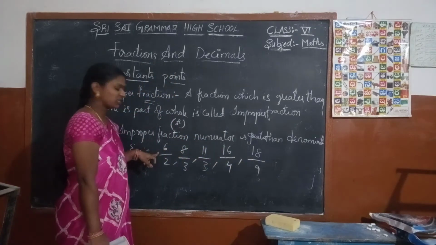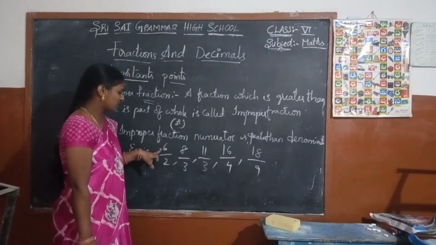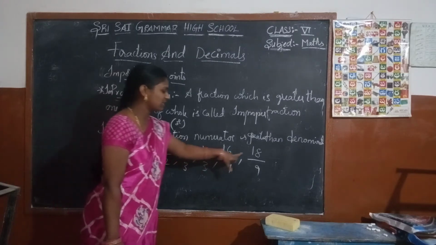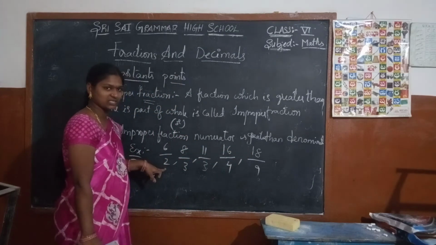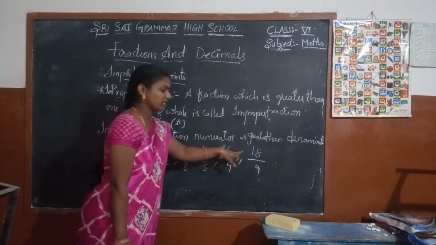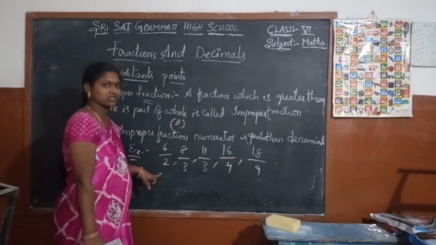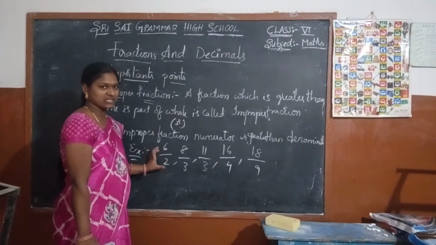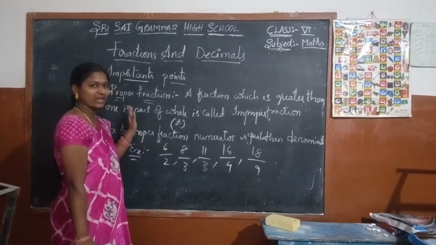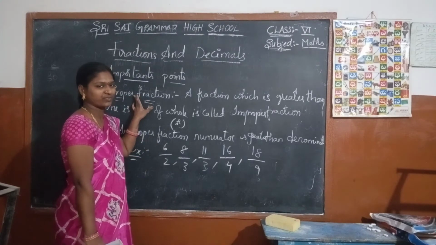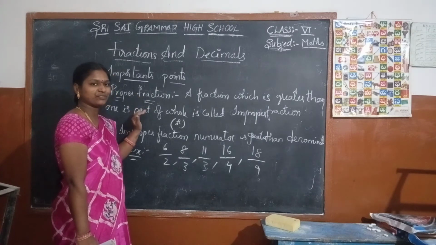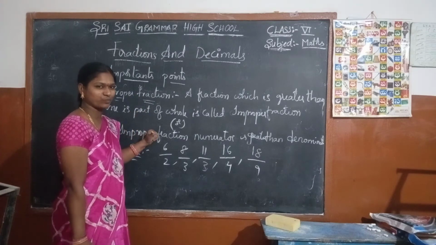Can you observe the difference? Every numerator is greater than the denominator. So by this we can say it is what type of fraction? Improper fraction. Understood? The difference between the proper fraction and improper fraction?